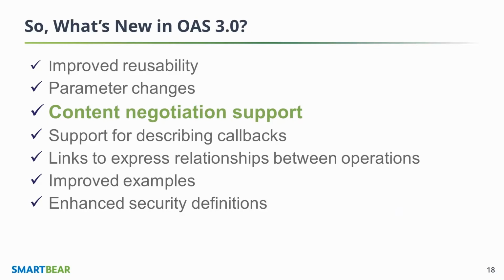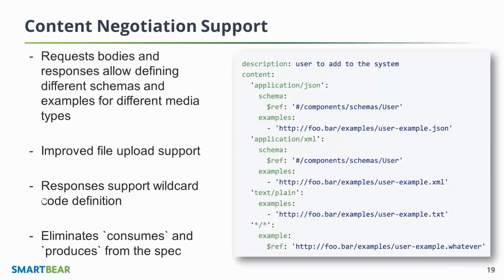Okay, content negotiation. So content negotiation includes both the payloads and the responses, so we'll cover both. In terms of request bodies, like I said before, we eliminated the form data and body parameters, and we introduced a new construct called request body.